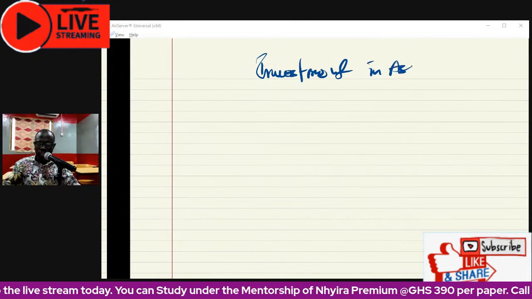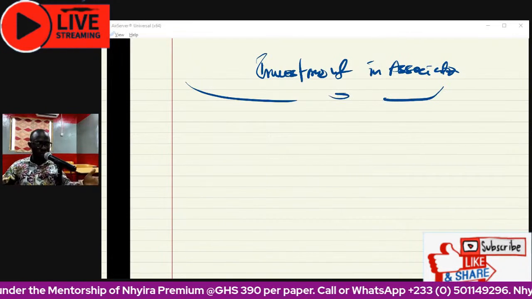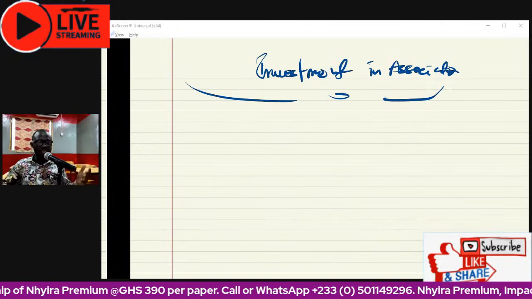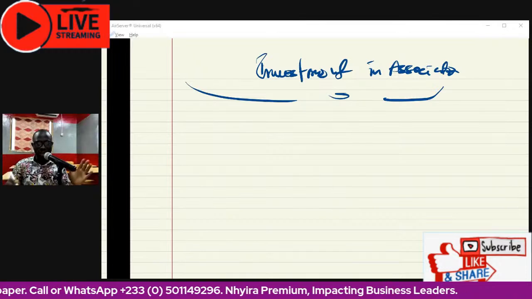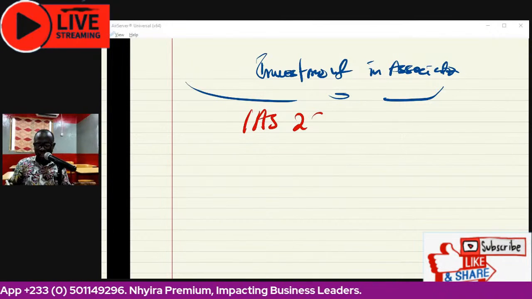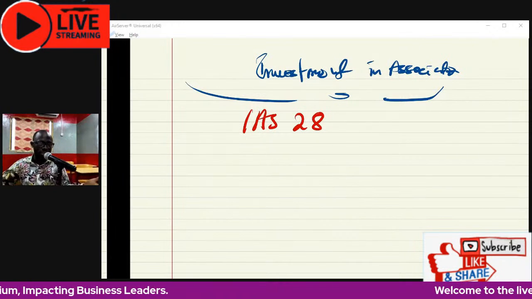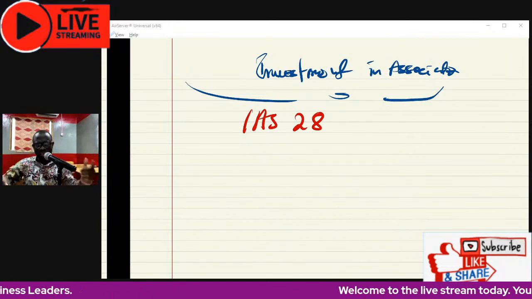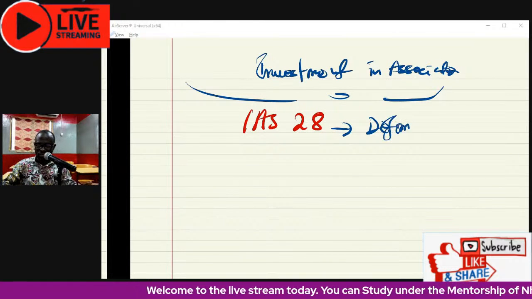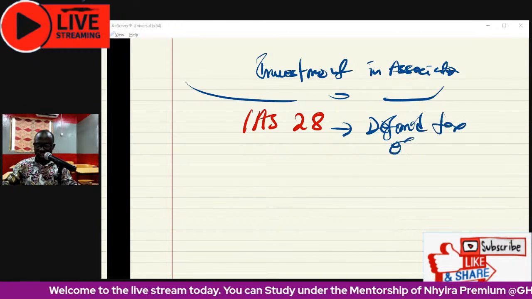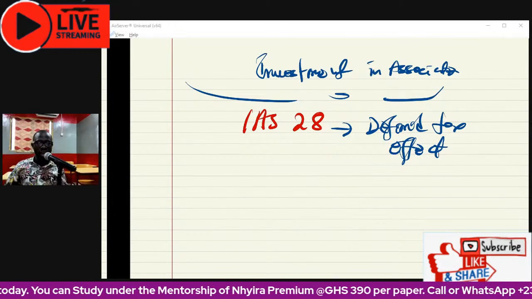Probably investment in associate. When it comes to the investment in associate, for IFRS financial statement purposes, the entity is going to be accounting for this in accordance with IAS 28, investment in associate and joint venture arrangement. However, IAS 12 requires that we account for the deferred tax effect of this particular investment that we have just made in the associate.